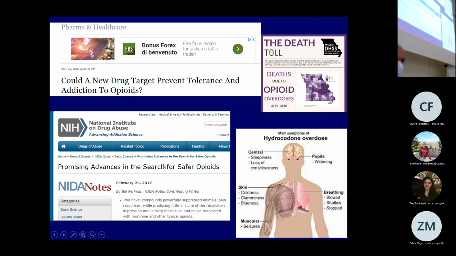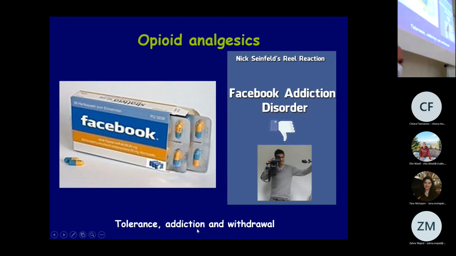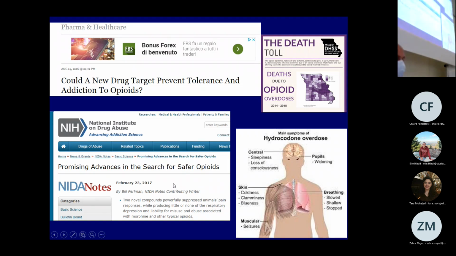Here you can see another title, Promising Advances in the Search for Safer Opioids. The companies try to modify the chemical structure of some of these compounds in order to avoid, for example, tolerance, addiction, withdrawal. But there is also a final terrible step, the block of the respiratory centers, like for barbiturates.